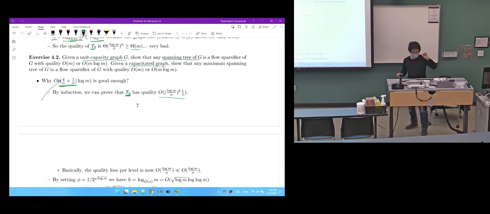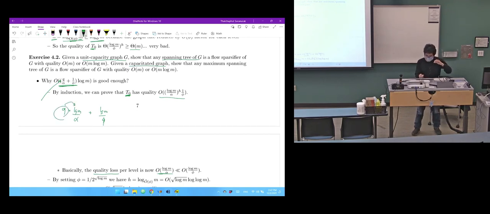the cumulative factor here is like you pay alpha factor. Like the quality loss per level is something like log m. So if you expand it out, this is q times log m alpha plus log m over phi. So the thing that gets multiplied per level is log m over alpha, not log m over phi.